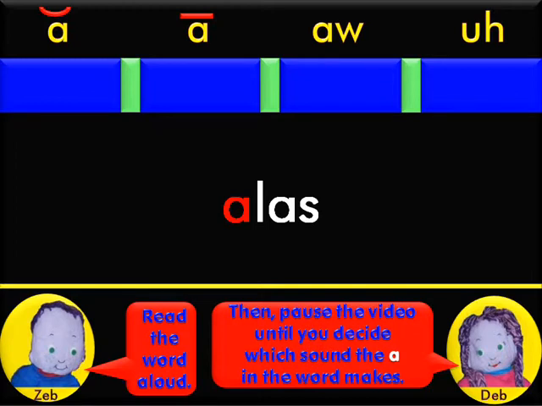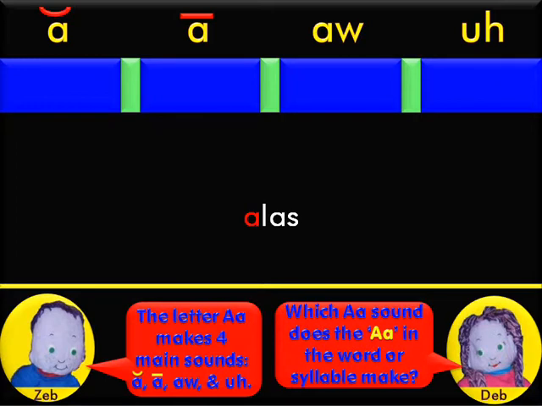Repeat after me. Alas. We're focusing on the first A in the word alas. Which slot does it float into? Pause the video until you figure it out. Read the word with me. Alas.